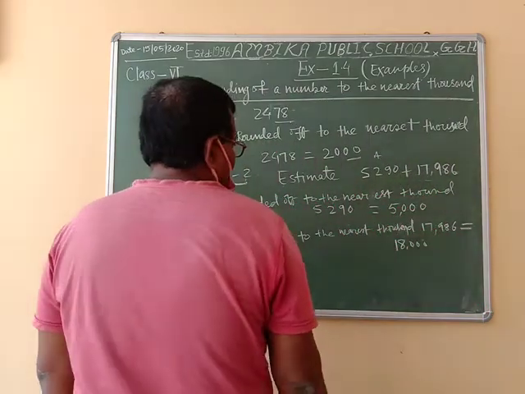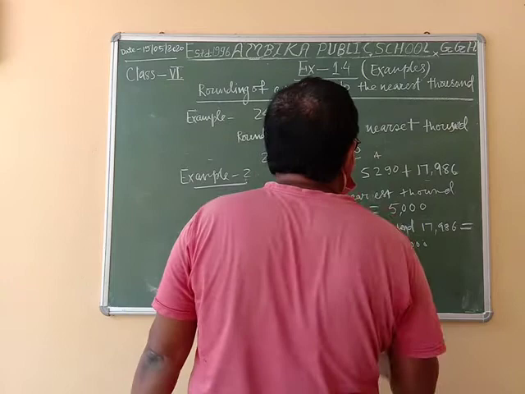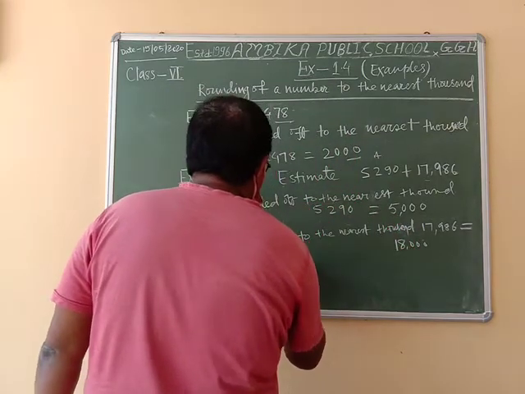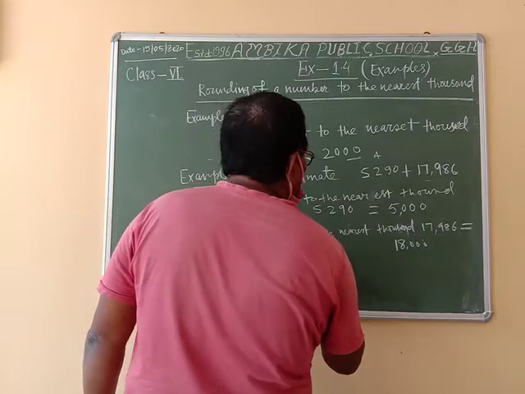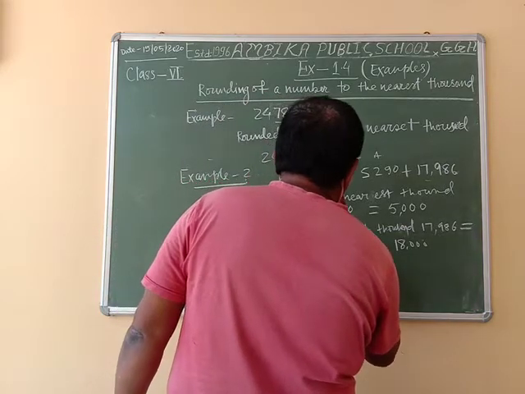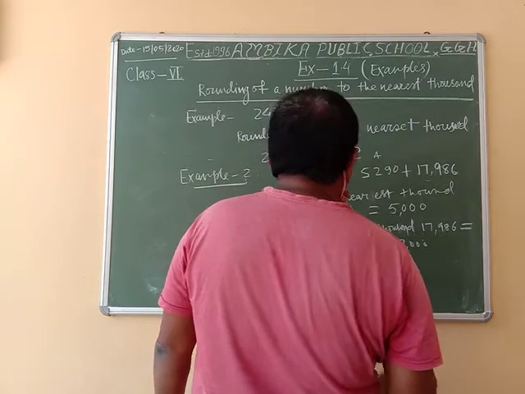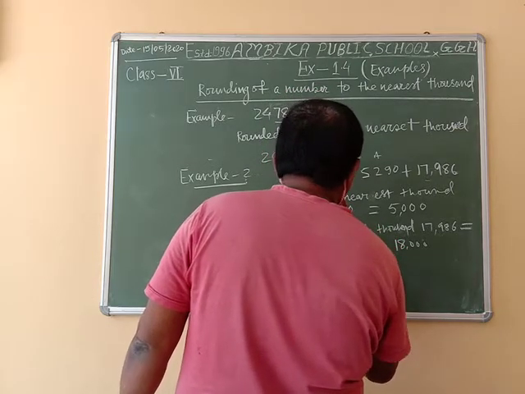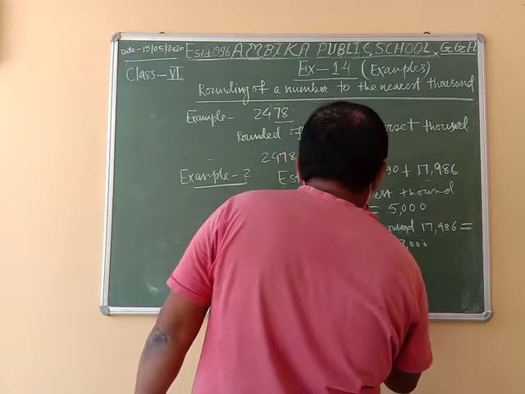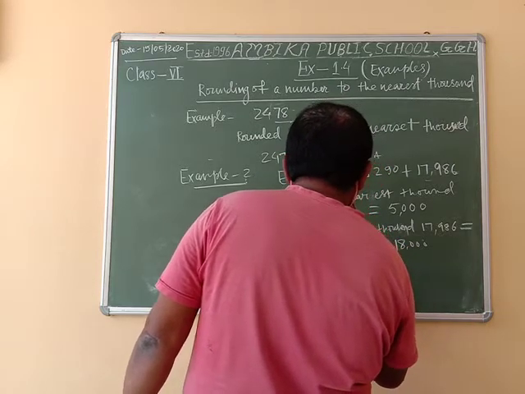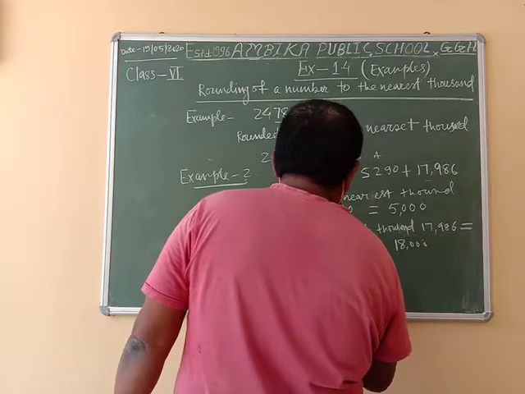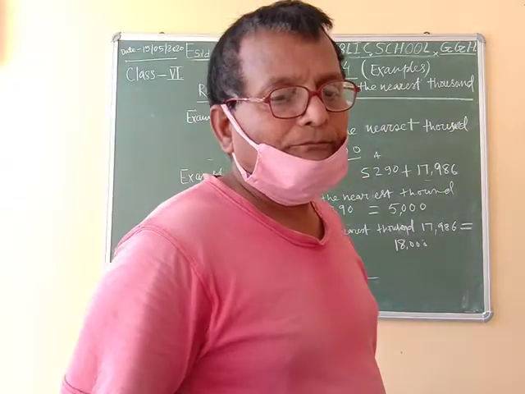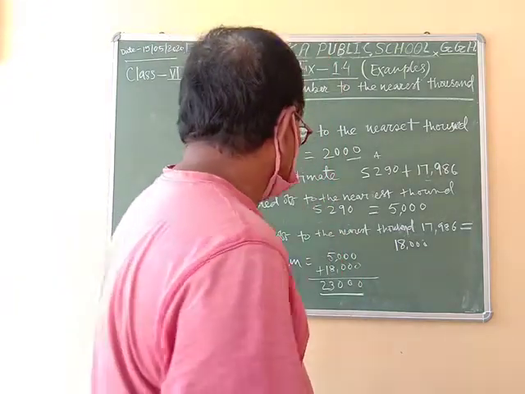Now we add the estimated numbers. The sum is equal to 5000 plus 18,000. We get the sum 23,000.